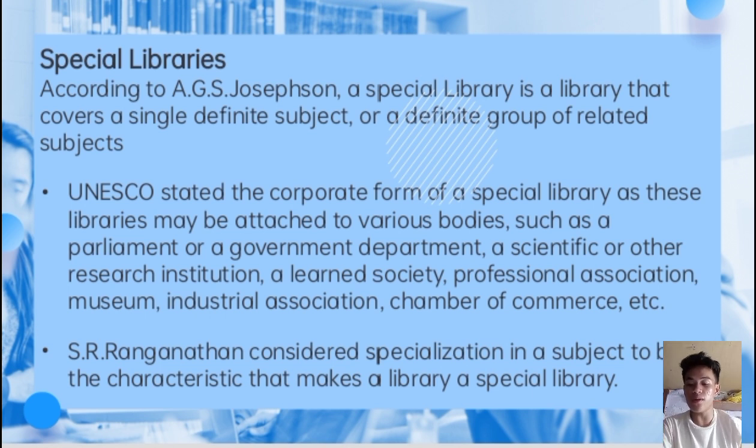According to UNESCO, special libraries may be attached to various bodies such as parliament or a government department, a scientific or other research institution, a learned society, professional association, museum, industrial association, chamber of commerce, and so on.